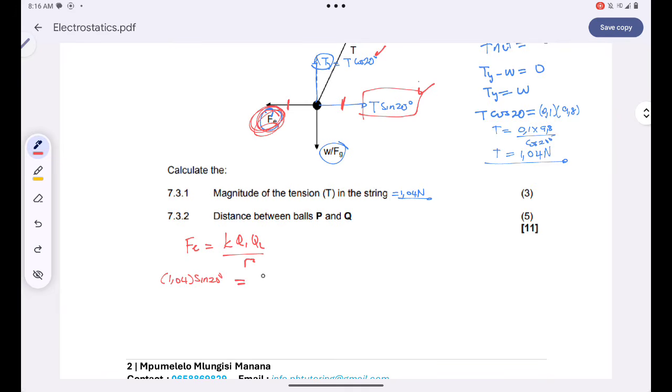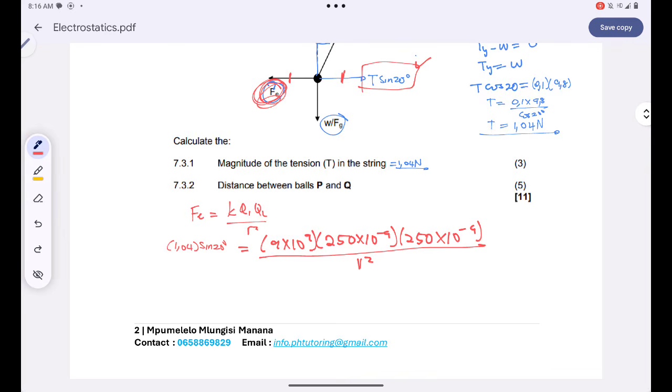So this will be equal to 9 times 10 to the power 9. And then the magnitude of the charges is 250 nanocoulombs. 250 nanocoulombs, guys, remember, is times 10 to the negative 9. I'm looking for the distance apart.